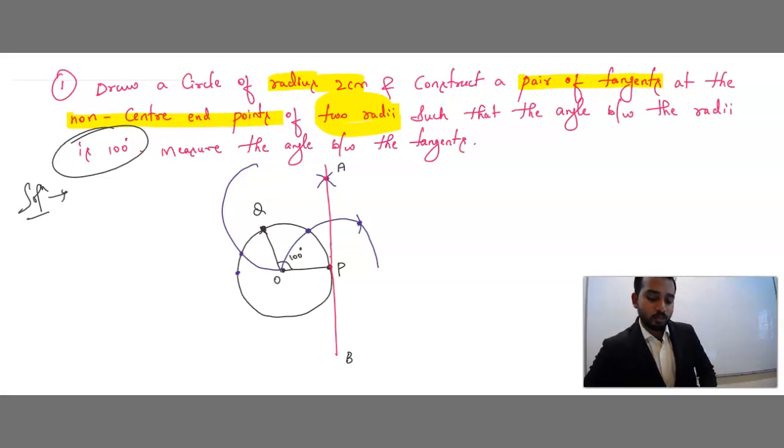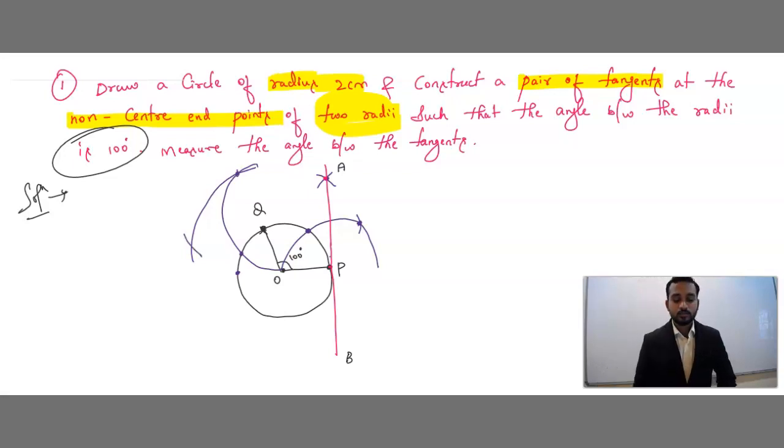By keeping this as a point, we can draw one half circle. Again, by keeping at this point, draw one more arc here. Now we can see both arcs are joining with each other. Now draw a tangent at this point.